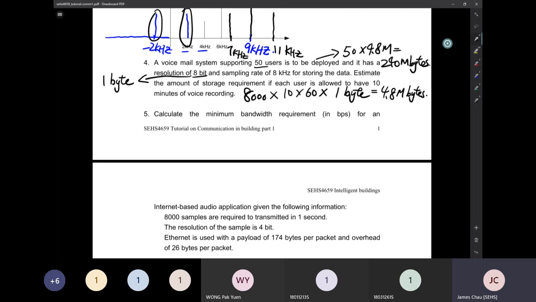Now this example tells you that without compression, you will spend a lot of storage capacity to save your data. Therefore, we require compression in order to save our storage space.